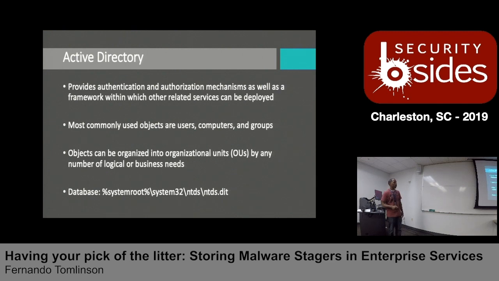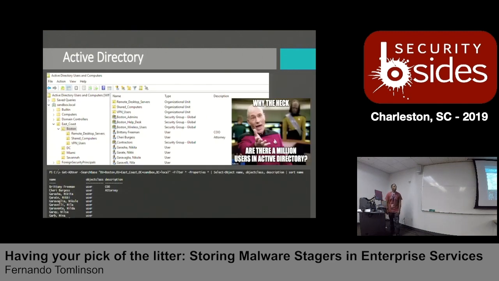But that's another talk. The big thing about this is when we look at Active Directory Users and Computers, we see the top screenshot there. Cool. We see things like OUs, organizational units, and then we have sub-OUs there as well. And then under each one of those organizational units, we may have other objects. In this case, we have some users, we have some groups, we also see some sub-organizational units as well.